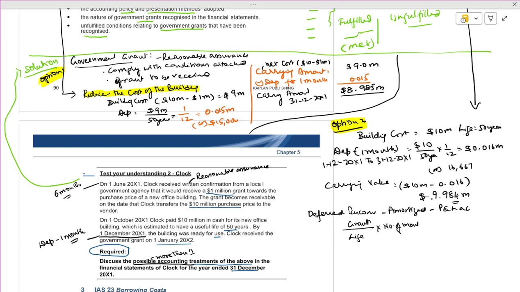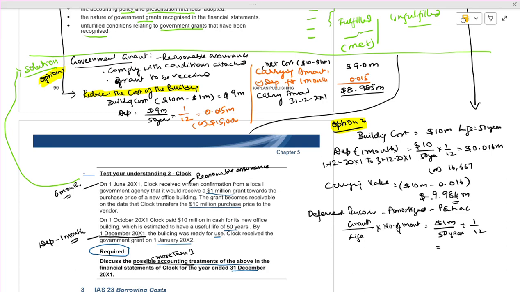How much is the grant? 1 million, over 50 years, times 1/12. It will come to 1 divided by 50 divided by 12.